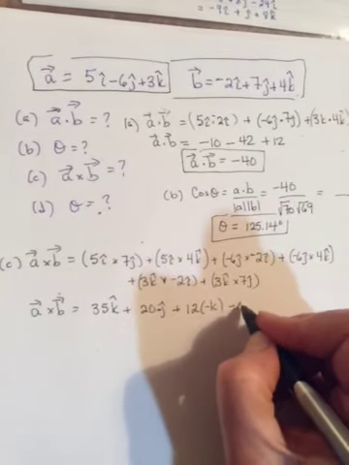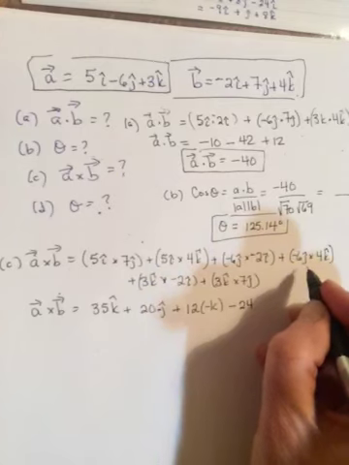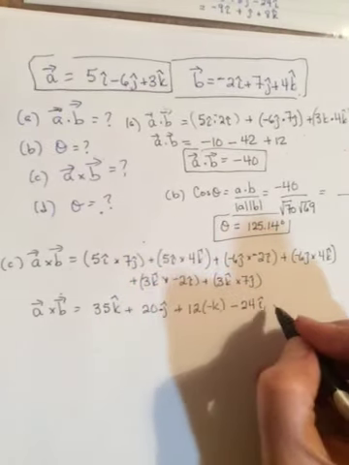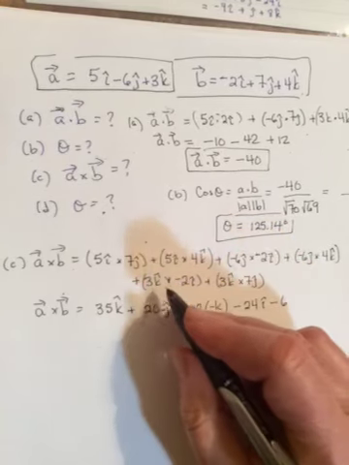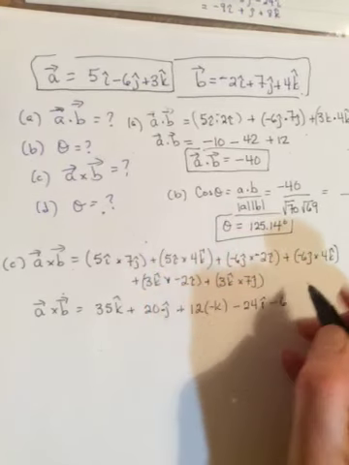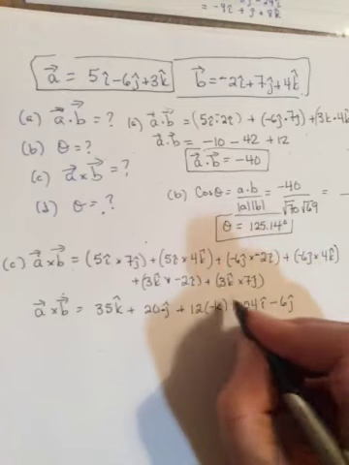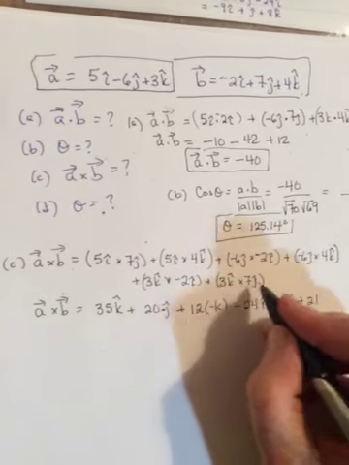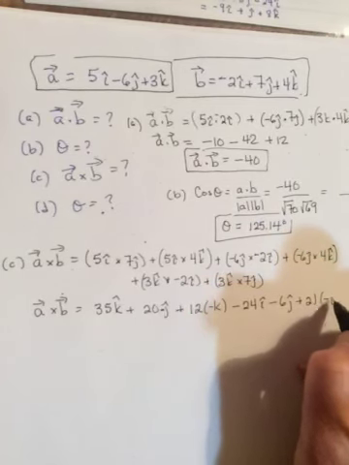Negative 6 times 4, so negative 24. j cross k is positive i. 3 times negative 2 is negative 6. k cross i is positive j. 3 times 7 is 21. k cross j is negative i.